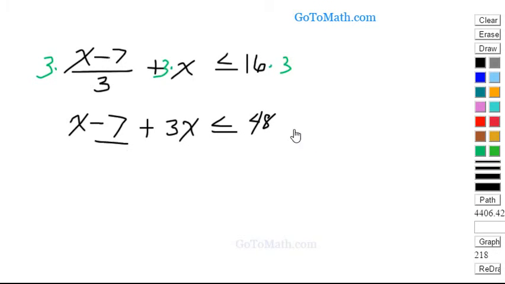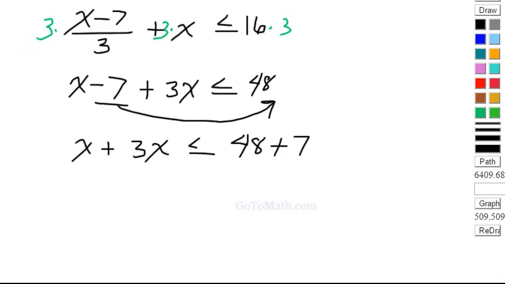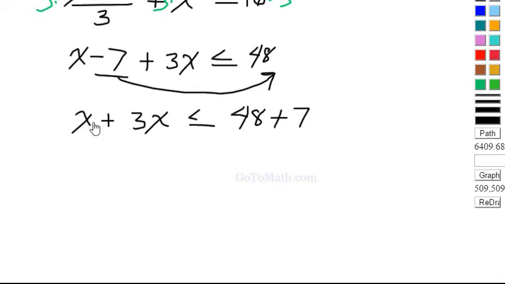Let's take this over to the other side, and when we do, this is a minus, we bring it over, it becomes positive. I should have consolidated my x's, but I didn't. So 48 plus 7. Collecting like terms, 1 plus 3 is 4, and 48 and 7 is 55.